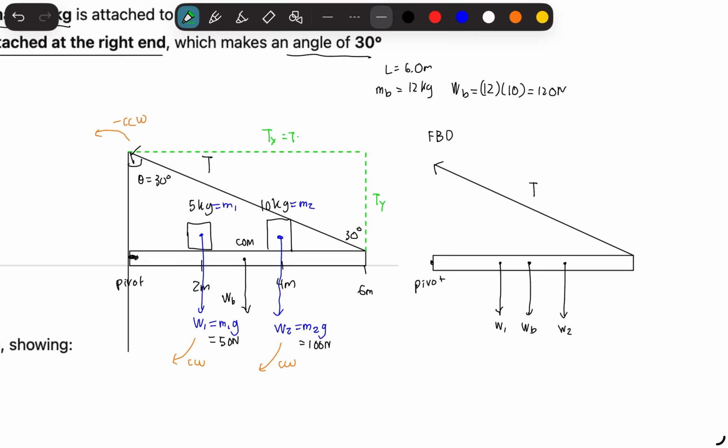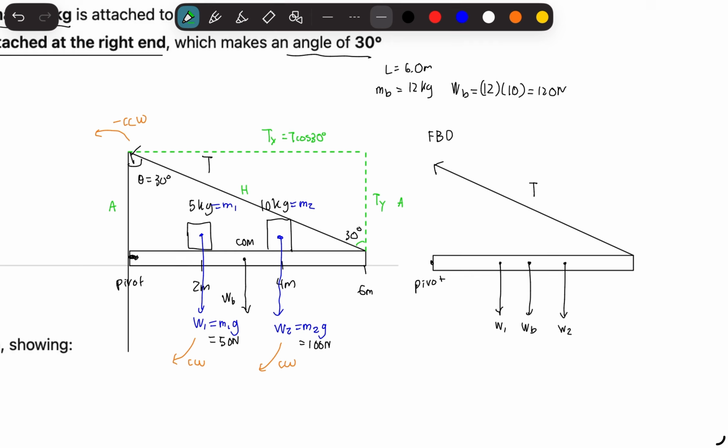Tx is equal to T cosine of theta, which is T cosine of 30 degrees, because our angle is here, right? So you would look at your adjacent. You have your wall, and you would have your hypotenuse here, which would be your tension.